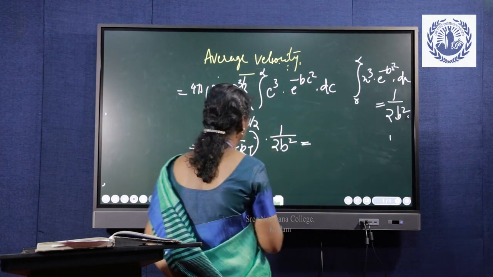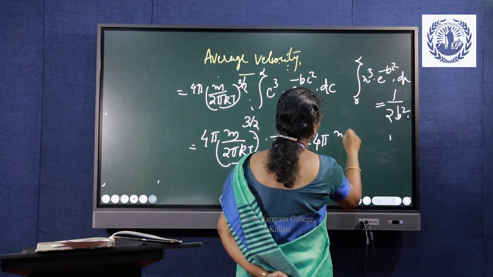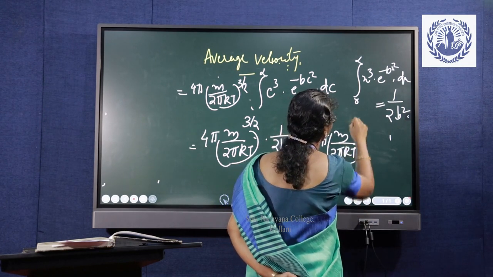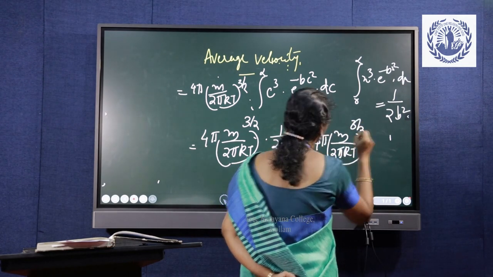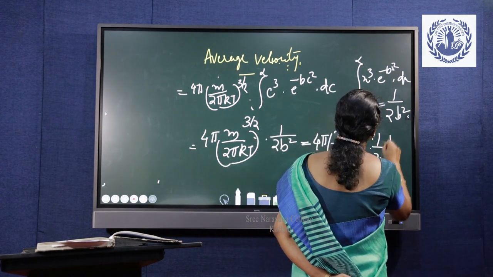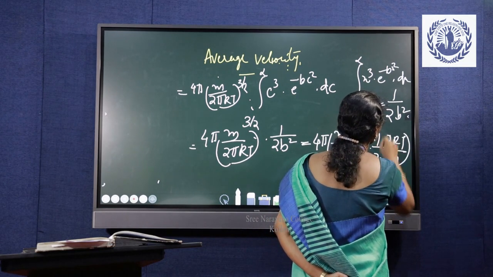Substituting for b, we write 4 pi into (m by 2 pi RT) raised to 3 by 2 into 1 by 2 into (2 RT by m) the whole square.